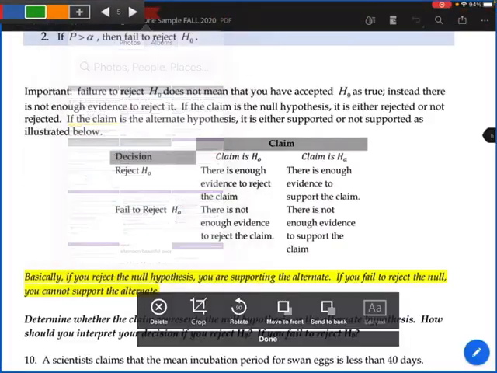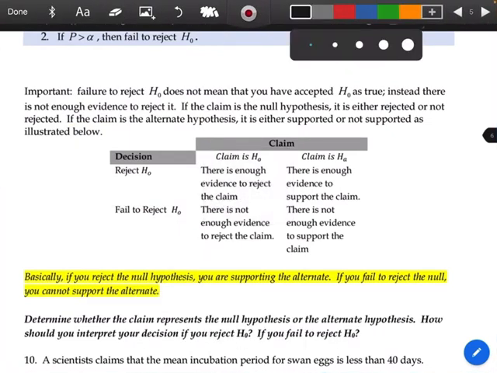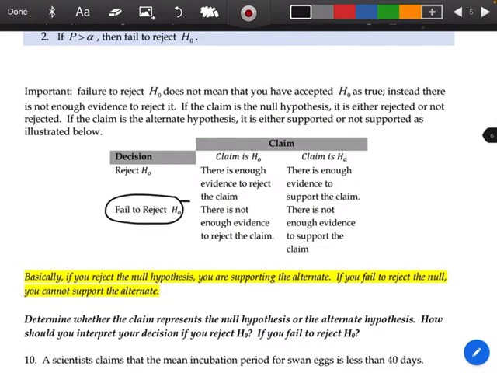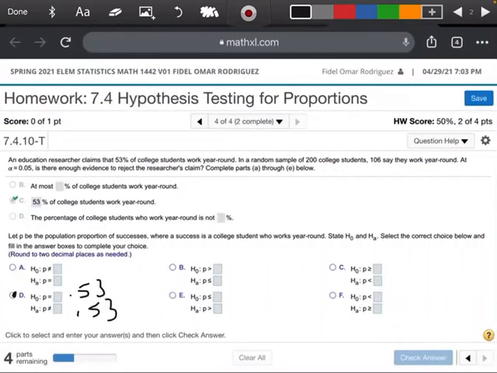So we knew that we fell in our fail to reject region. Now, the second part we got to figure out was, is our claim the H0 or is our claim the HA? If I scroll back over here, our claim was, I think I wrote it here.